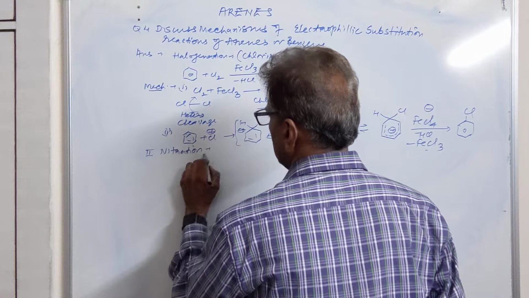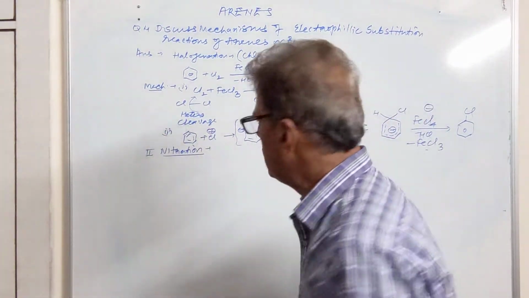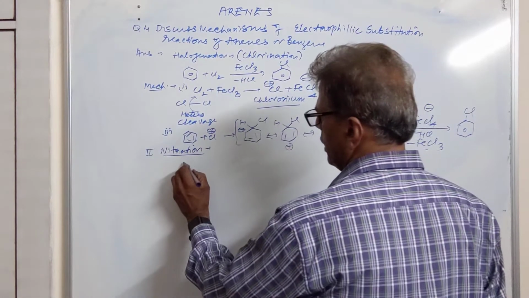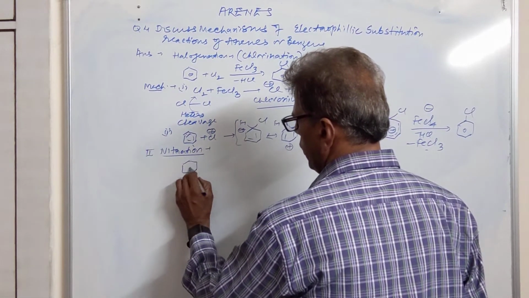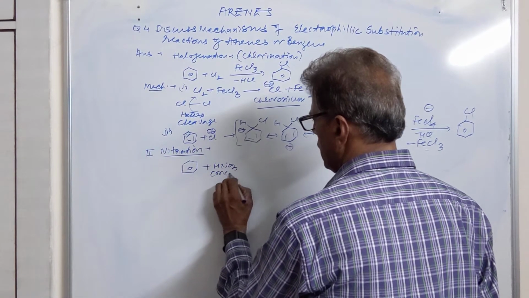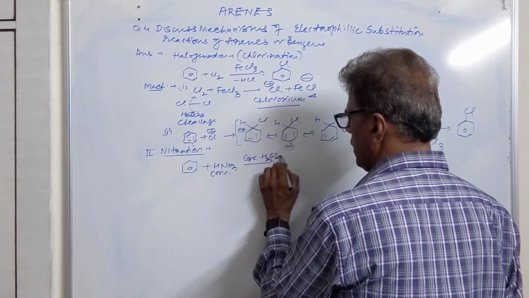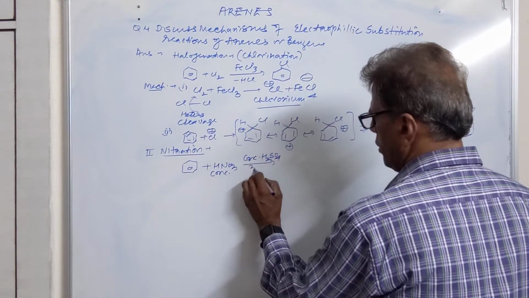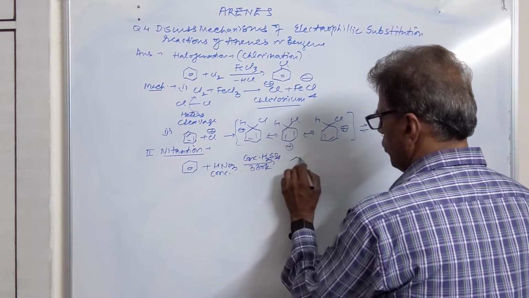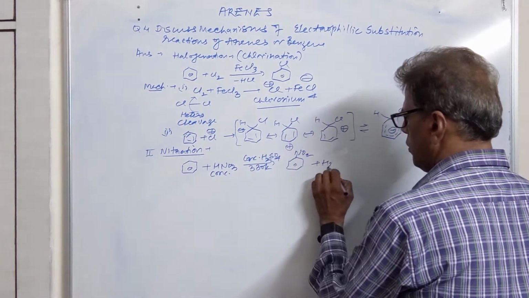So all these reactions are to be activated by the electrophiles. These are electron deficient species. In nitration we know benzene combines with concentrated nitric acid in the presence of concentrated H2SO4 at 330 Kelvin to give us nitrobenzene and water.